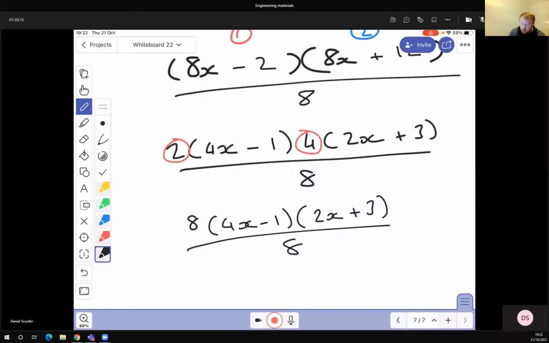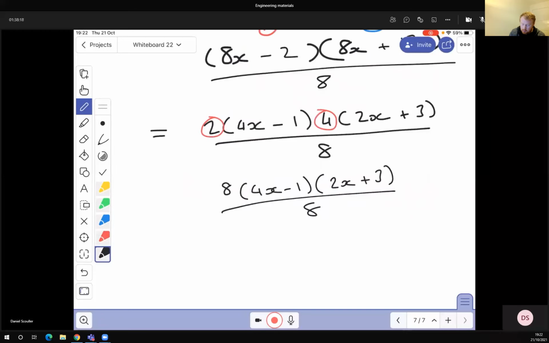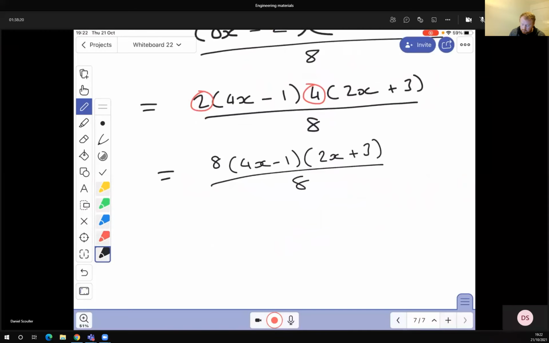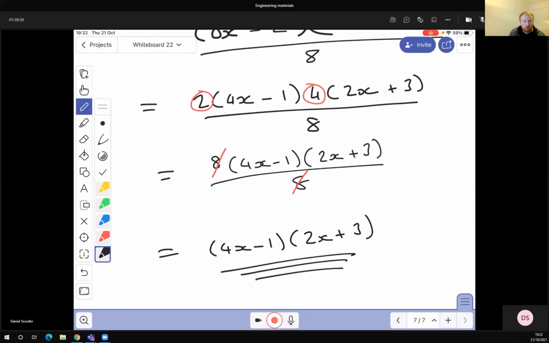We can cancel those terms out. We're left with 4x plus 1, 2x plus 3. That is your fully factorised term.